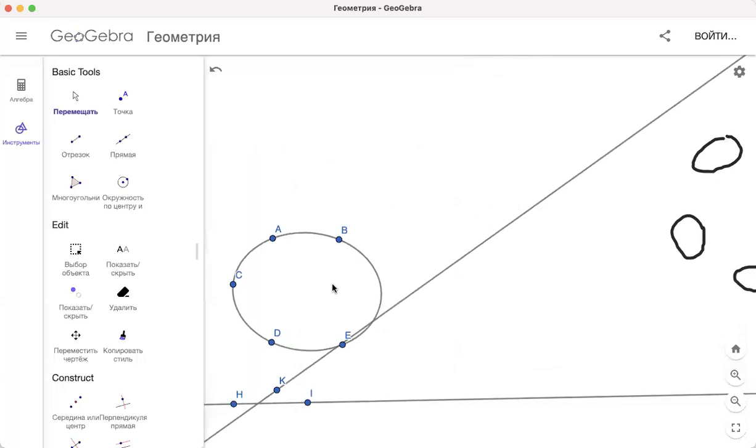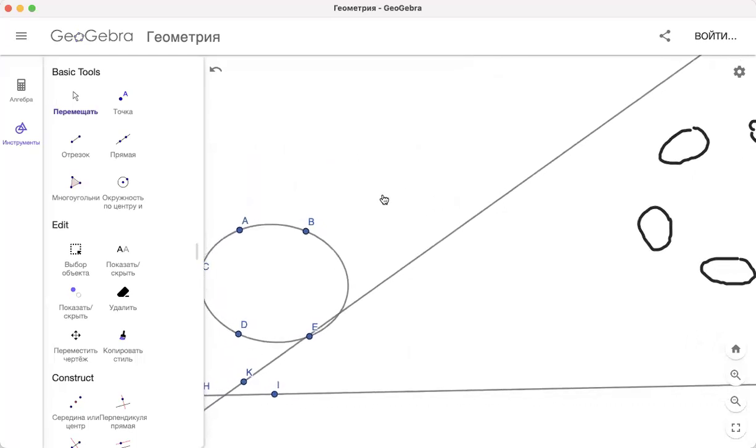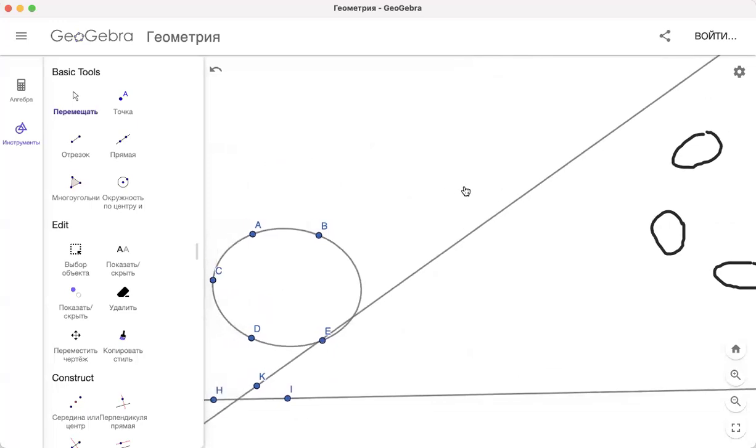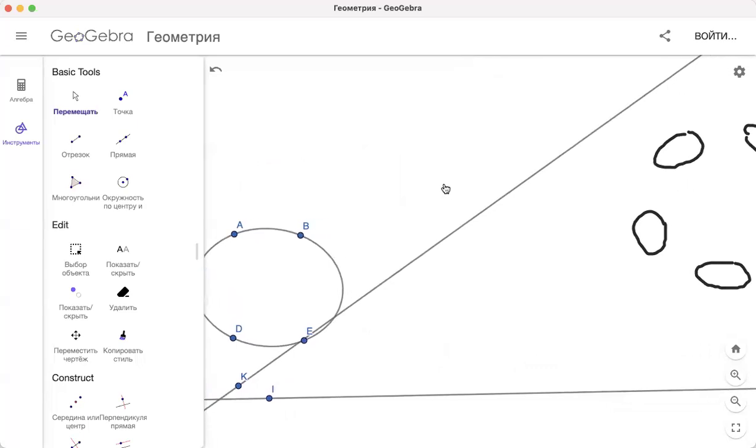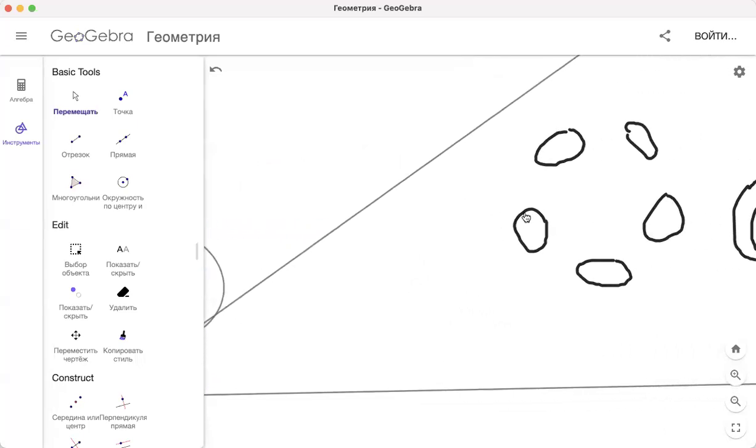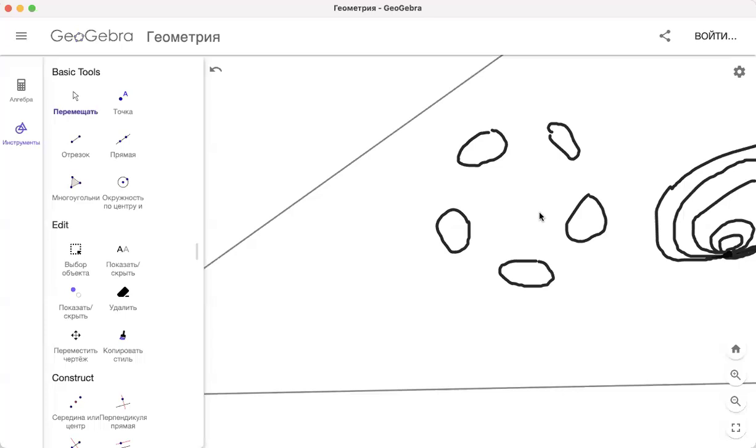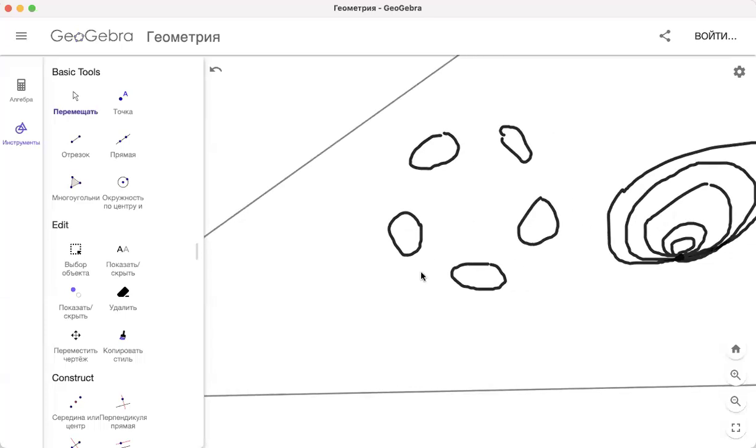Yes, this is a generalization of the simple problem for 5 points. So you start some enumerative algebraic geometry, but can it be related to something like Gromov-Witten invariants, for example, or some other very popular things? Maybe, but I want to consider some geometrical problem related to this one.